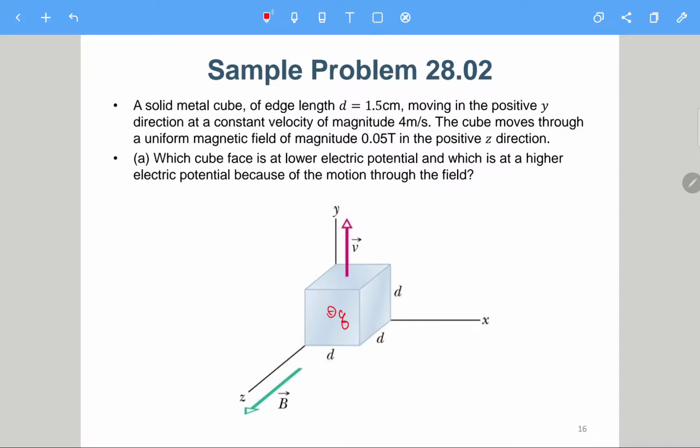As we move this cube upward, the velocity is also pointing upward, and B is pointing in the Z direction. So V cross B points in the positive X direction, to the right side. And this is a negative charge, so FB points to the left side.